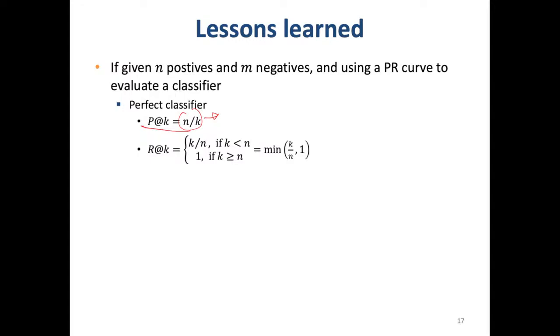For a perfect classifier, P at k should be 1 if k is smaller than or equal to n, and it's n divided by k otherwise. Okay, does that make sense?